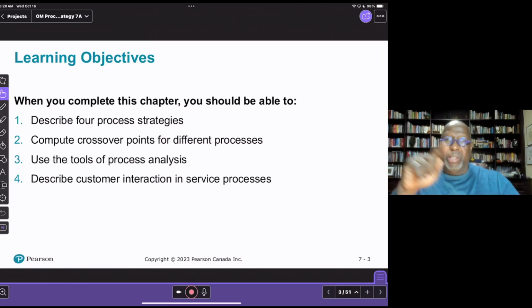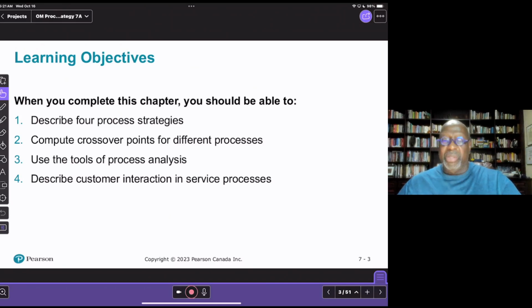At some point, they will cross over, meaning that below a certain volume of production, one process will be more cost effective. Above a particular volume of production, the other would be more effective. If the two processes have the same fixed costs and the same variable costs, of course, there's no choice to be made. Either one, just close your eyes and pick one. But if they have different variable costs and different fixed costs, then typically you end up with a crossover point. So we will learn a bit about that.